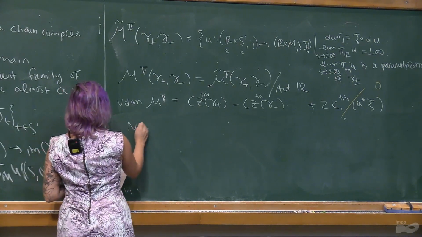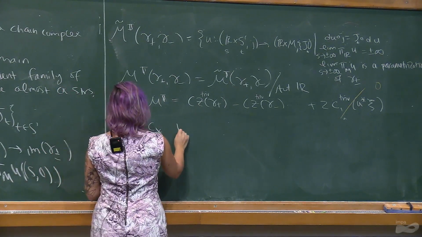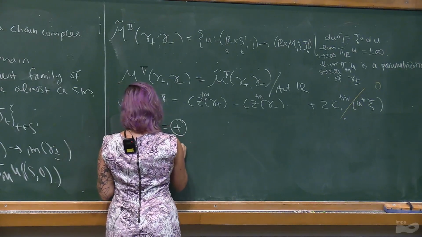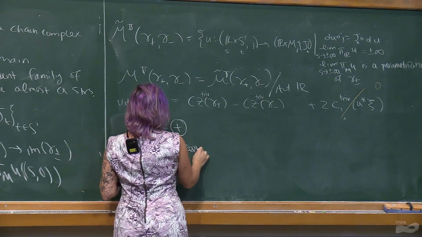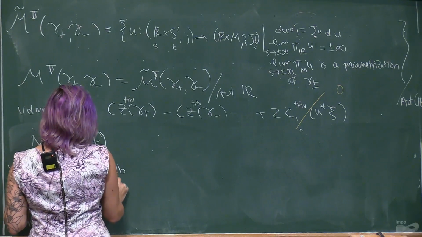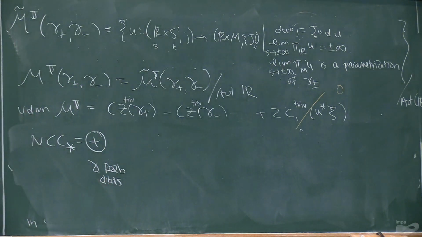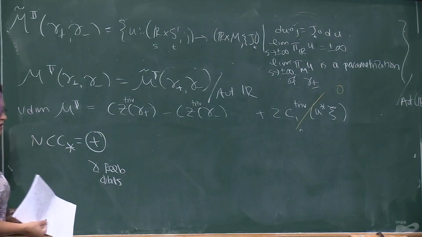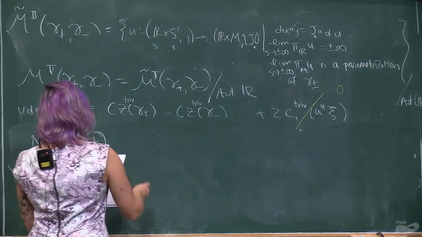So the non-equivariant chain complex is going to be generated by all Reeb orbits, which is nice because you know that in symplectic homology, the bad Reeb orbits contribute torsion, and it has twice as many generators as the cylindrical theory.